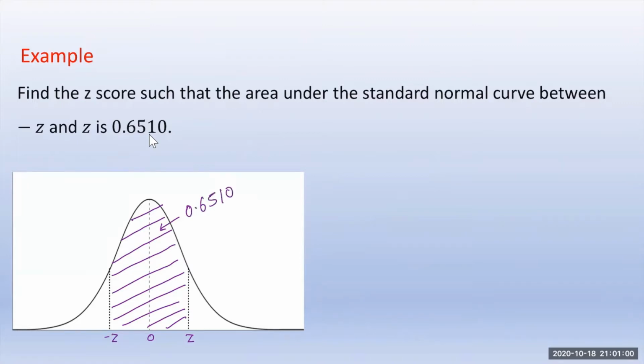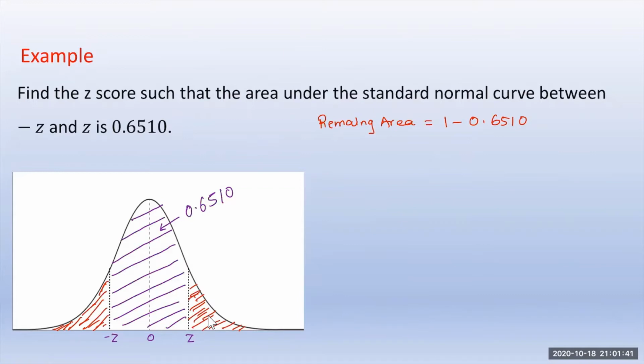Now we have the remaining area divided equally into two parts. So here we have the remaining area under the curve divided into two parts, that is the left tail and the right tail. This is the area on the left tail, this is the area on the right tail. So if I want to find the remaining area, which is shown in red here, that will be equal to 1 minus 0.6510.